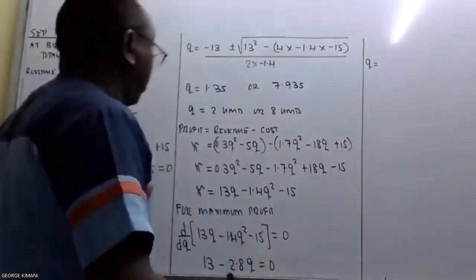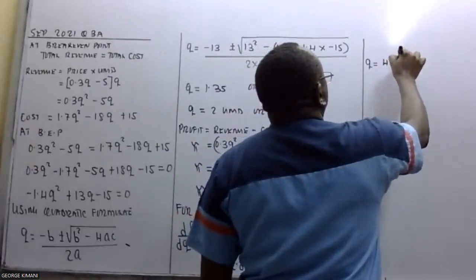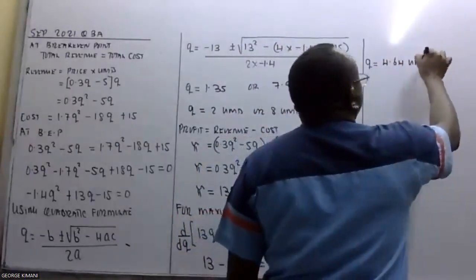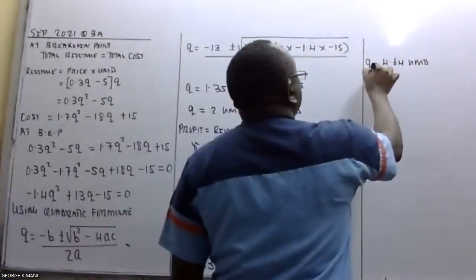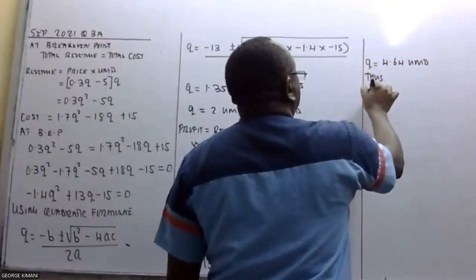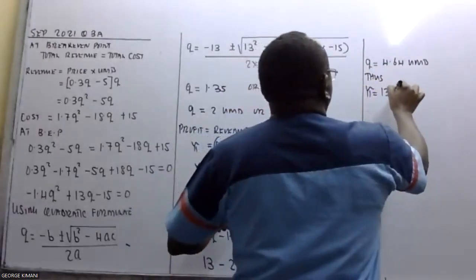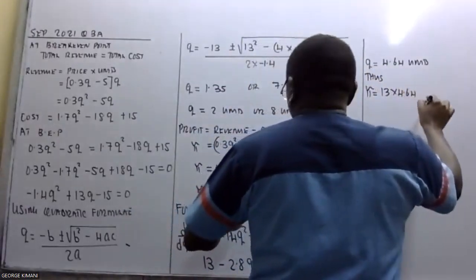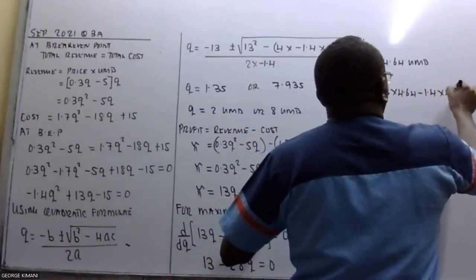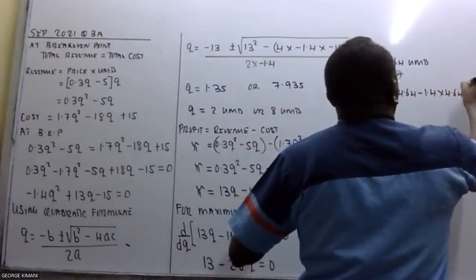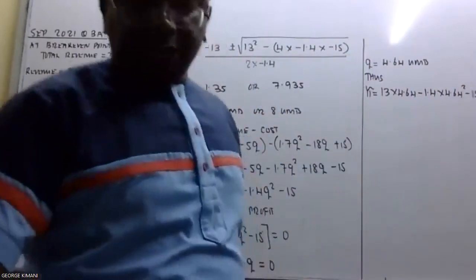Yeah, 4.64. So Q is 4.64 units. And thus, profit is equal to 13 multiplied by 4.64, minus 1.4 times 4.64 squared, minus 15.